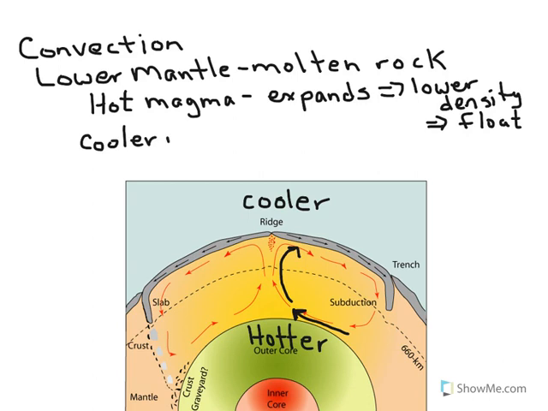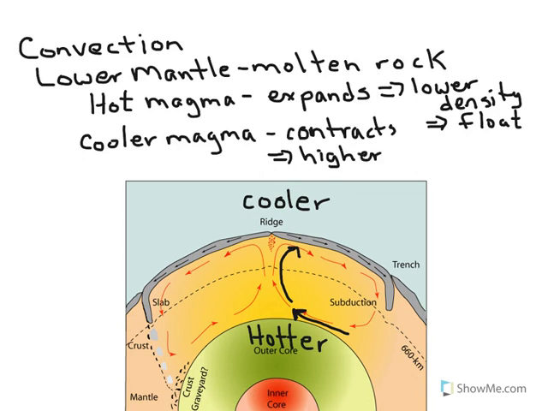Because this magma is cooler, when material is cooled, it contracts. And so now you have that same mass in a smaller volume, so that's going to be a higher density. And that means it's going to sink.